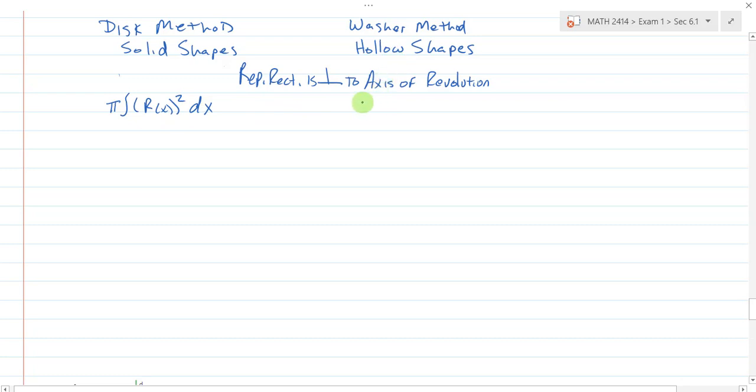For the washer method, our integral is going to be pi times our outer radius squared minus the inner radius squared. How you find the radius here is going to be the top function minus the bottom function for a dx.